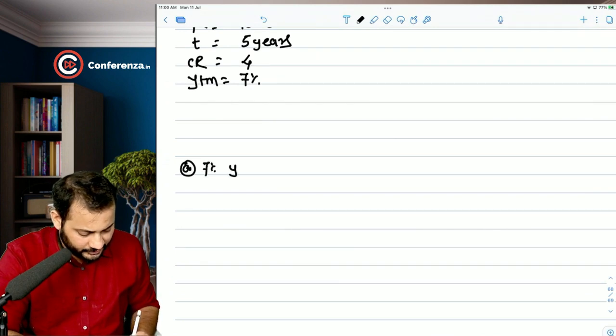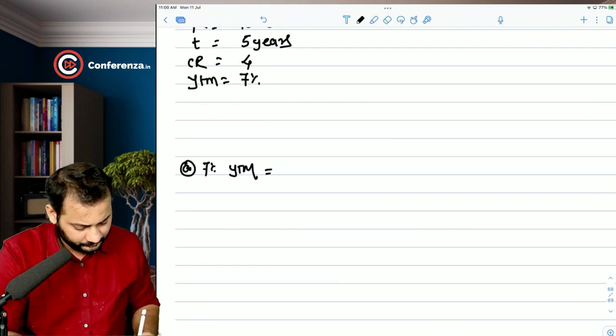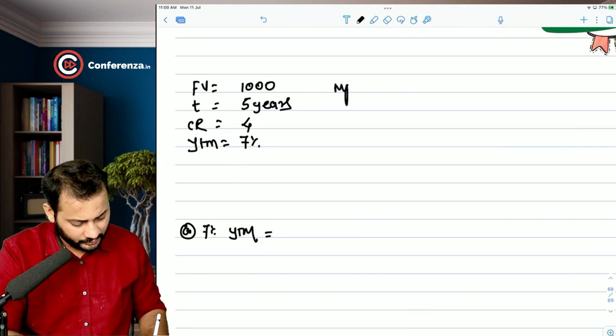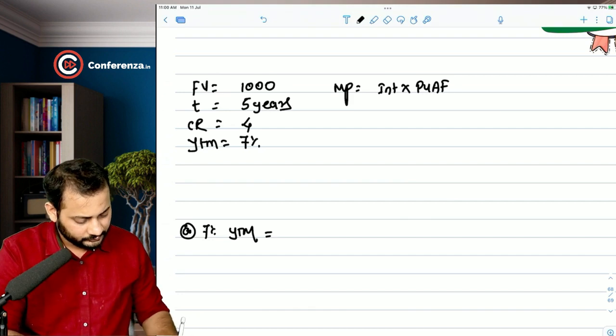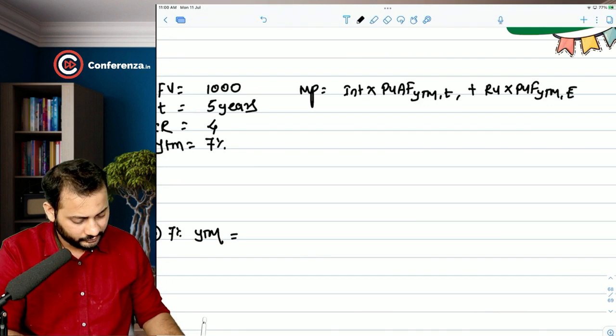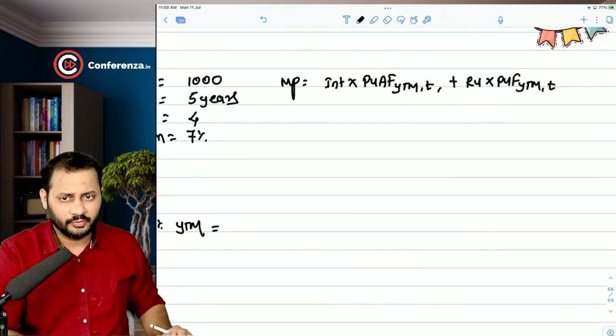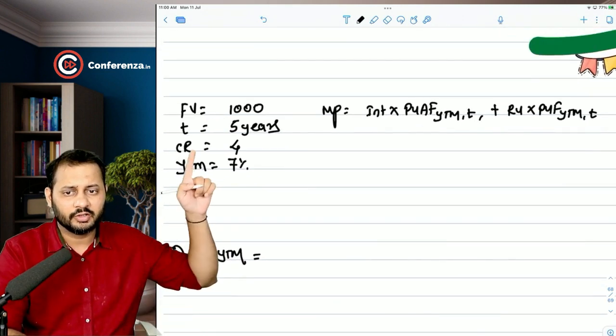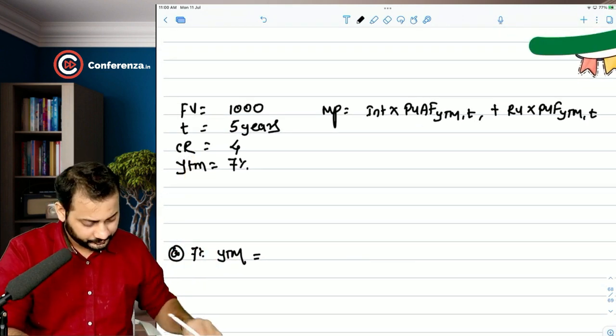At 7% YTM, the formula for the market price of the bond is interest into present value annuity factor at YTM for time 5 years plus redemption value into present value factor at YTM for time 5 years. This is the formula that I will be using. Every year you will be getting a coupon amount of 40 rupees.